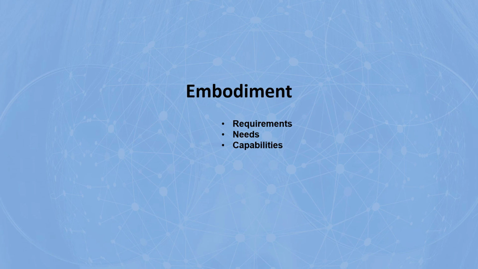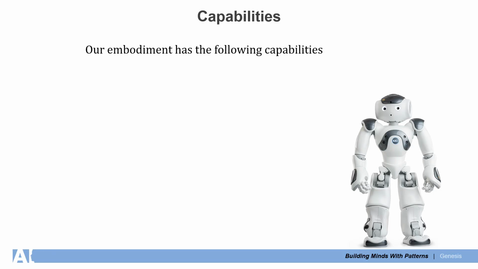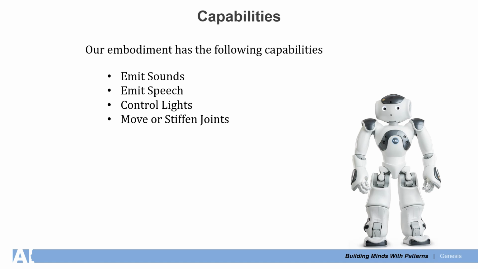When we talk about capabilities of an embodiment, we are talking about what the embodiment is able to do. Our embodiment has the following capabilities. It can emit sounds. It can emit speech. It can control the lights on its body. It can move or stiffen its joints.